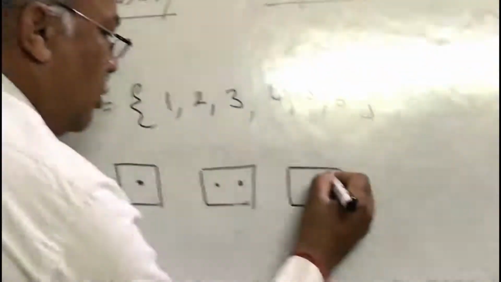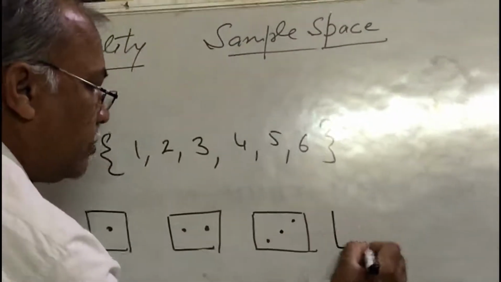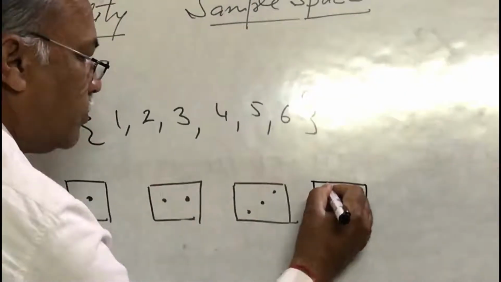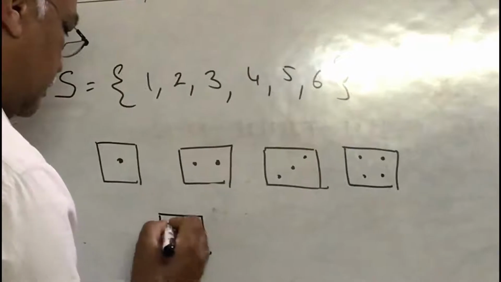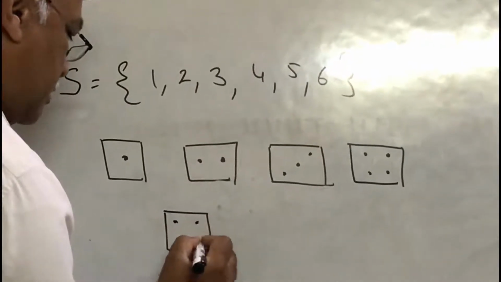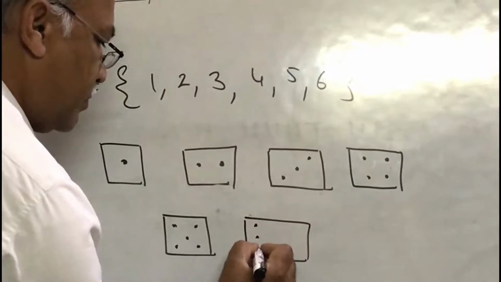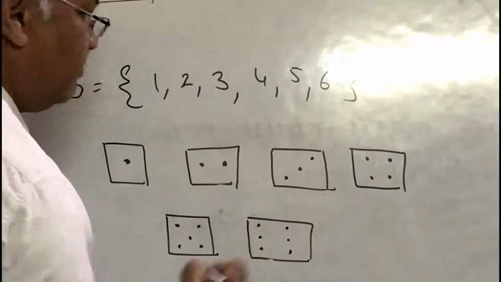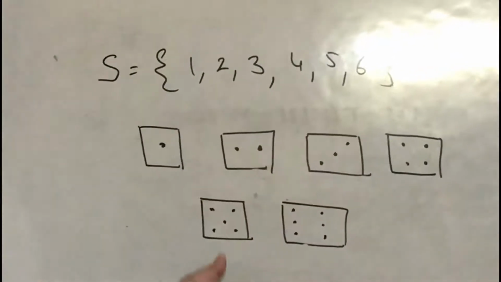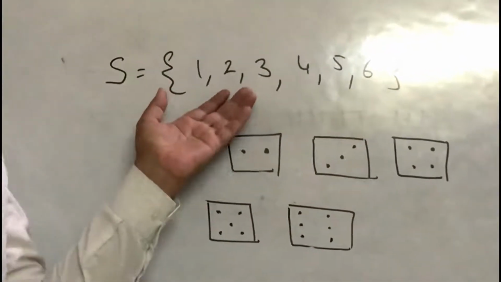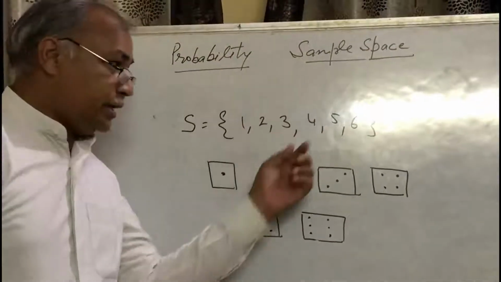You play at home with this die. 3, 4, 5 and 6. You are very much familiar with this die, and these are the 6 faces of the die, and the sample space in throwing a die once has 6 outcomes.